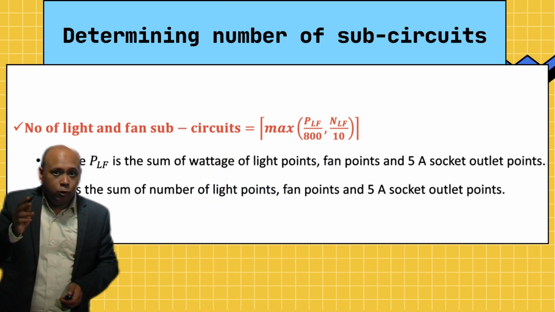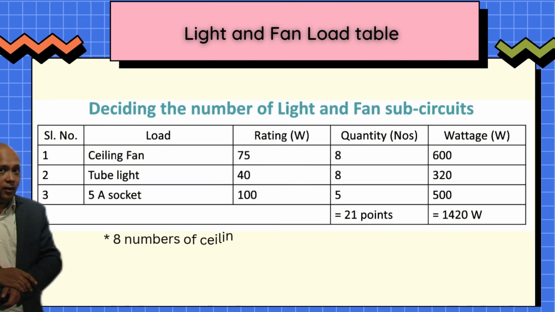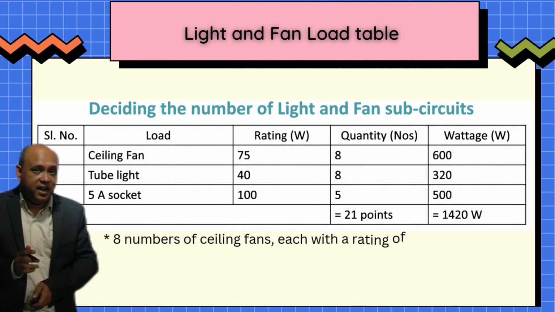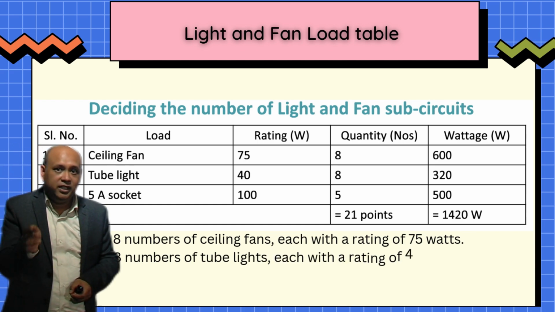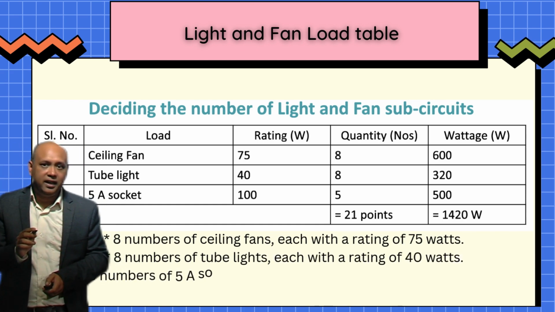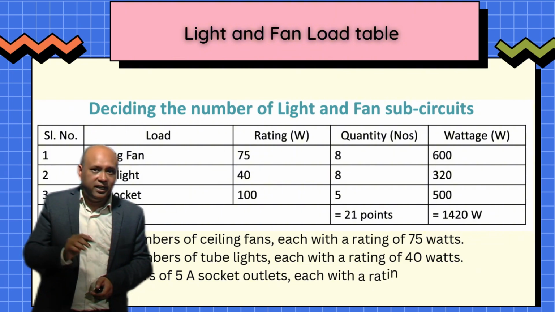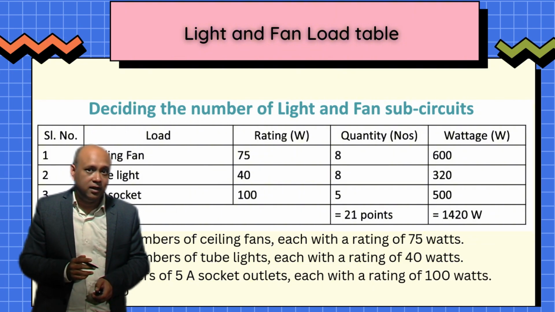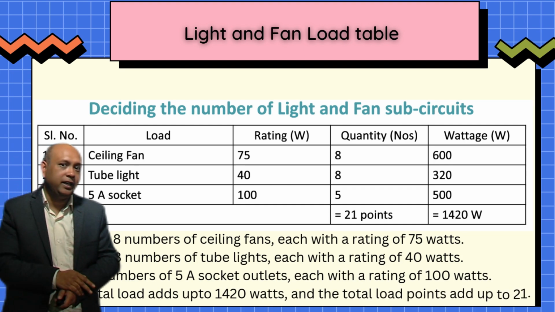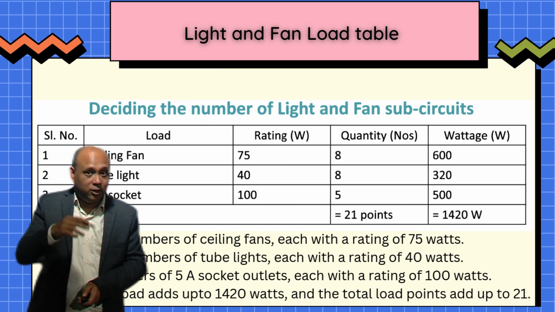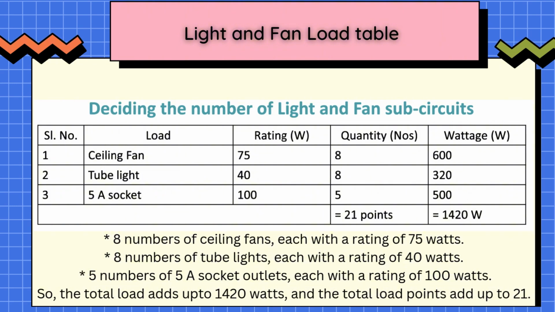So if you look into the light and fan load table, you can see that there are 8 ceiling fans, each with a rating of 75 watts, 8 tube lights, each with a rating of 40 watts, and 5 five-ampere socket outlets, each with a rating of 100 watts. So the total load adds up to 1420 watts, and the total load points add up to 21.